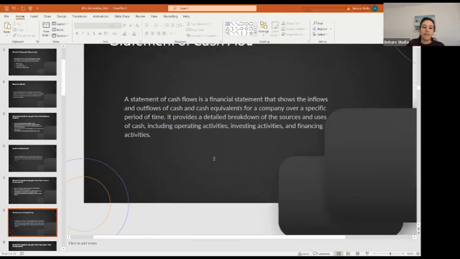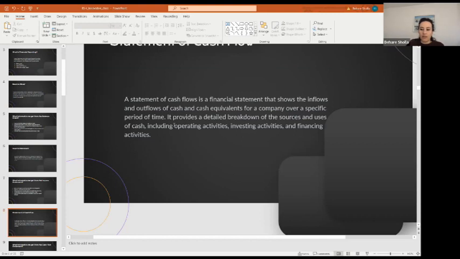For example, operating activities are all related to operational or everyday activities of the business, like paying accounts payable, or receiving money from accounts receivable, or paying the salaries, and so on.